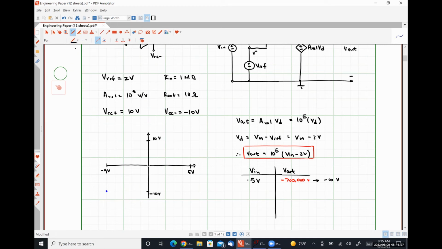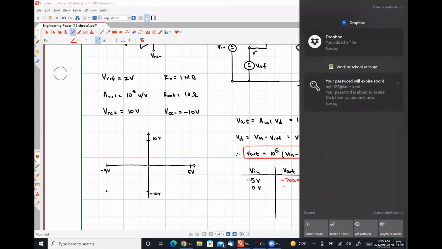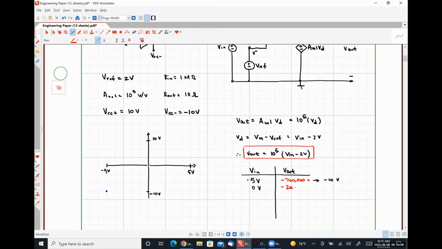Now let's look at 0 volts as an input voltage. Our output voltage would be 10 to the 5 times negative 2 volts, or negative 200,000. Still much more negative than VCC minus. So our output voltage saturates to VCC minus.